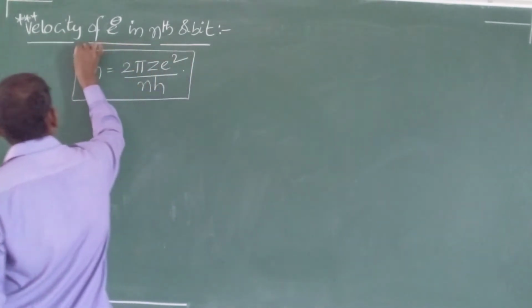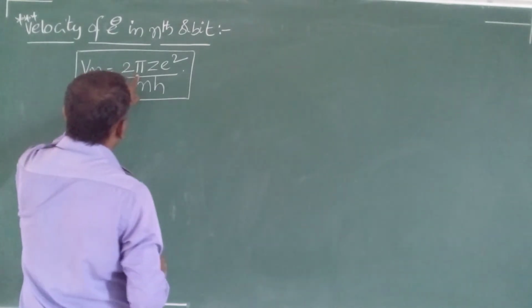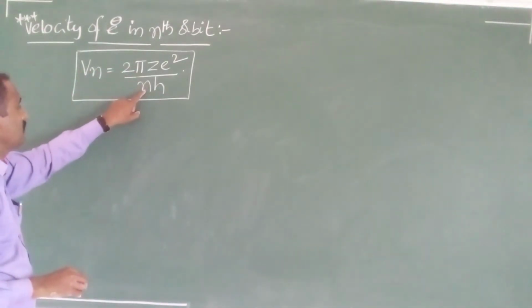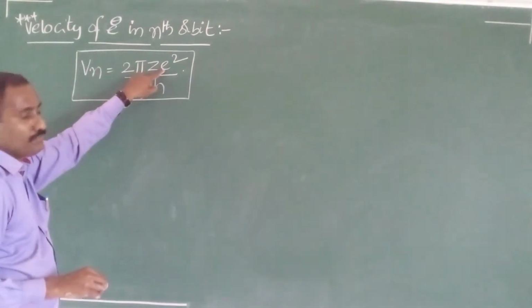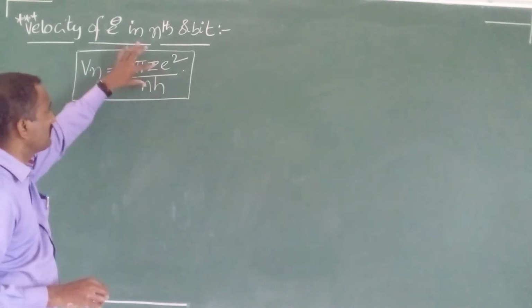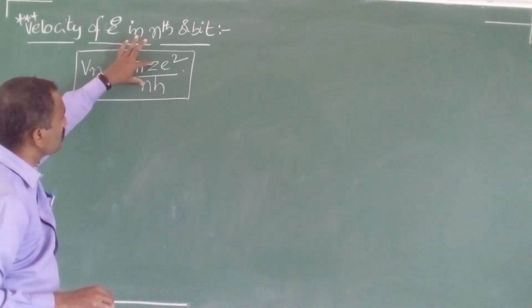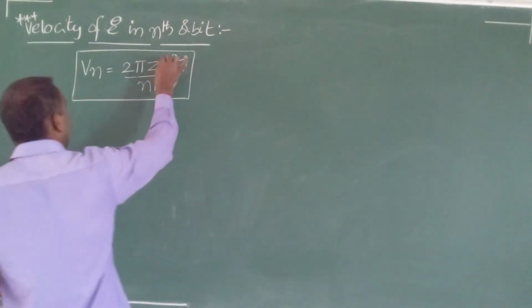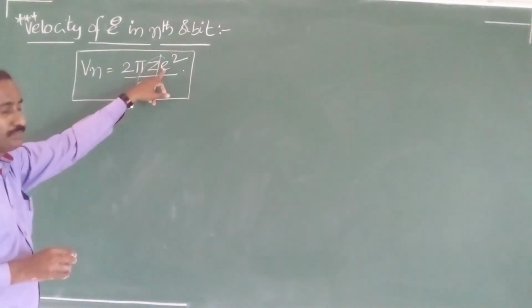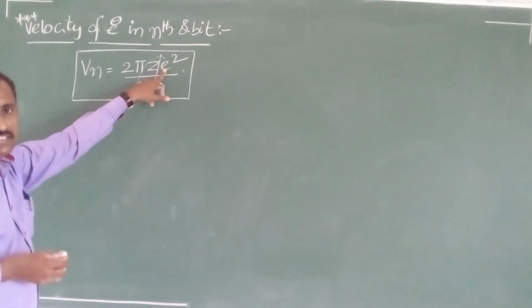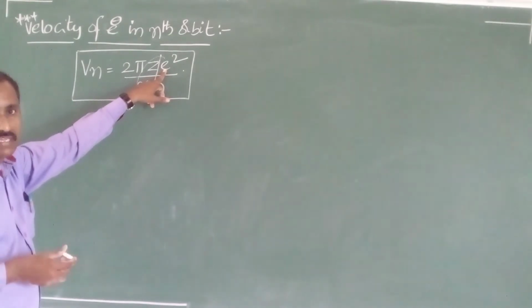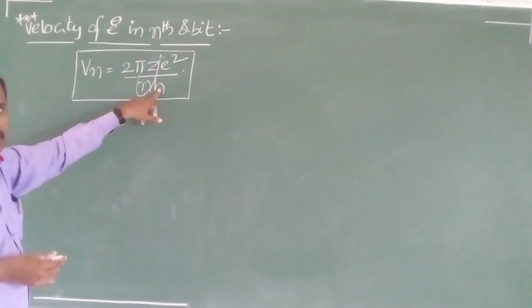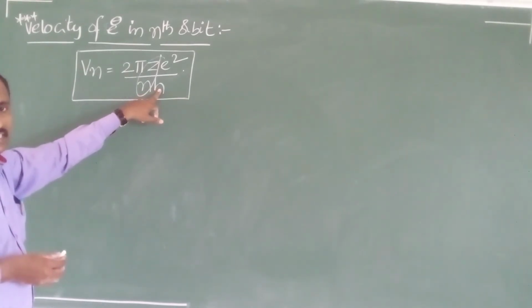Velocity of electron in the nth orbit Vn equals 2 pi Z e square by n h, where pi is a constant, e is the charge of the electron, and h is Planck's constant. So Z and n are variables, and the remaining are all constants. Pi is 3.14, e is 1.60 into 10 power minus 19 coulomb in SI units, and h is 6.625 into 10 power minus 34 joule-seconds.